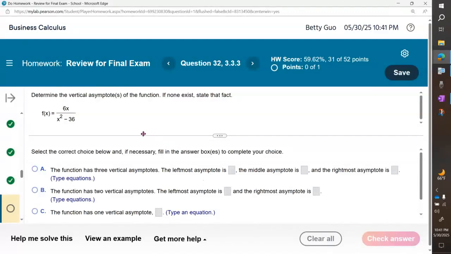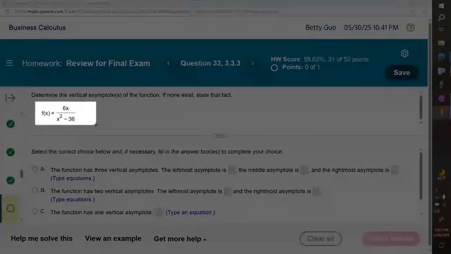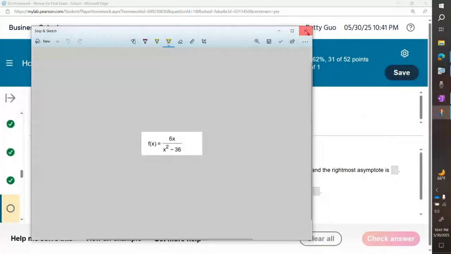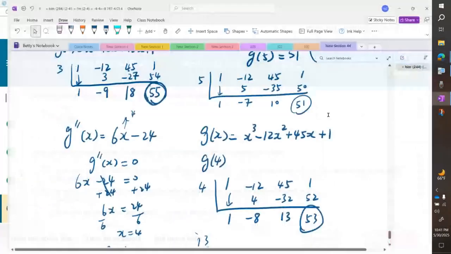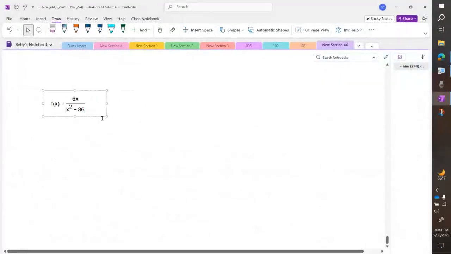Question number 32. Determine the vertical asymptotes of the function. If none exists, state that fact. All right. So the denominator is easy to factor, right? Do you remember the definition for a rational function? A rational function is a quotient of two polynomials, meaning the numerator is a polynomial and the denominator is a polynomial.